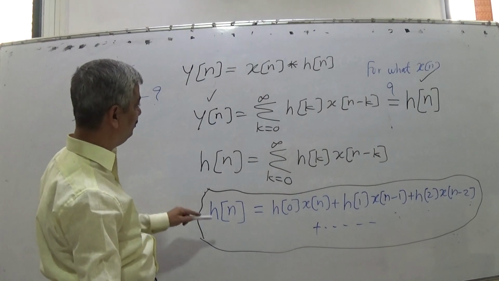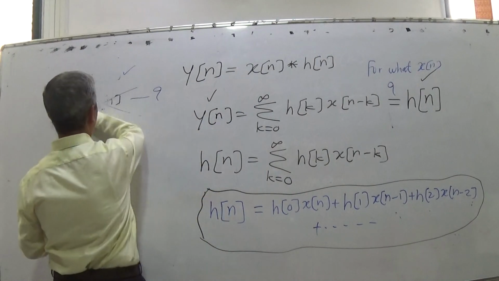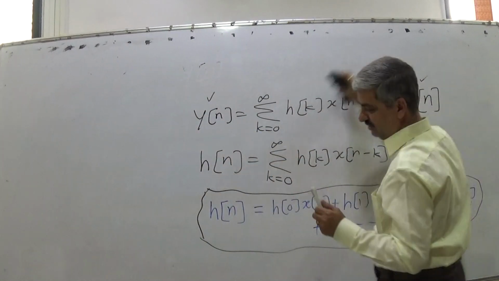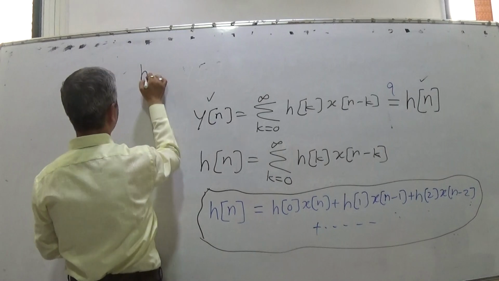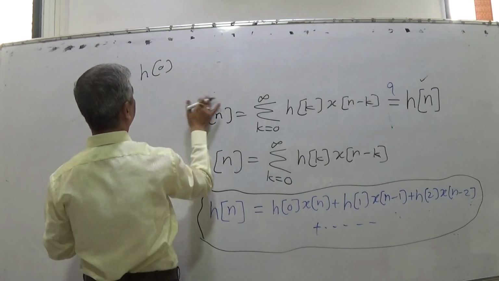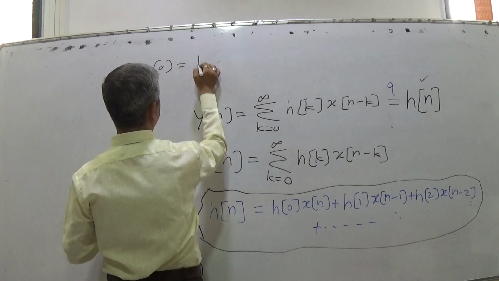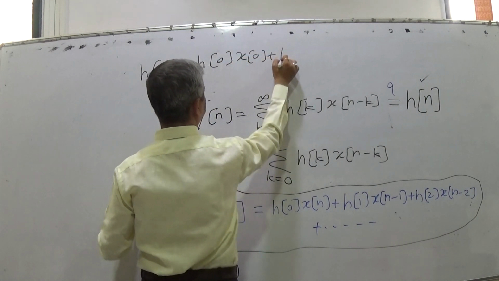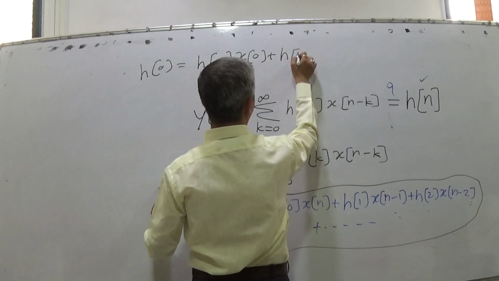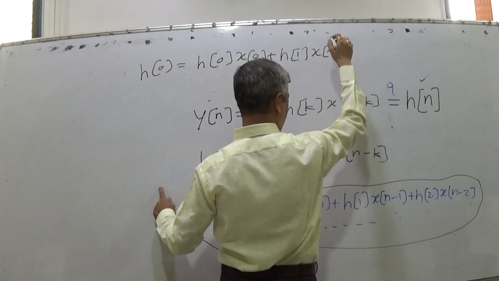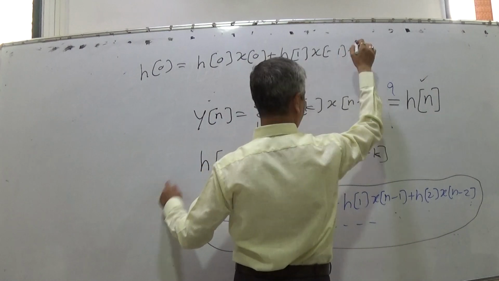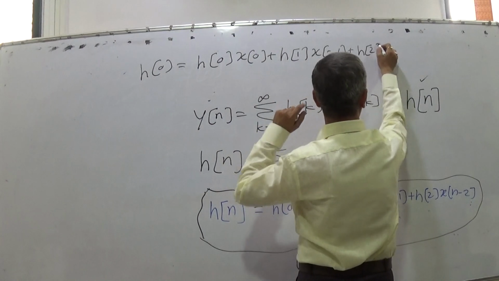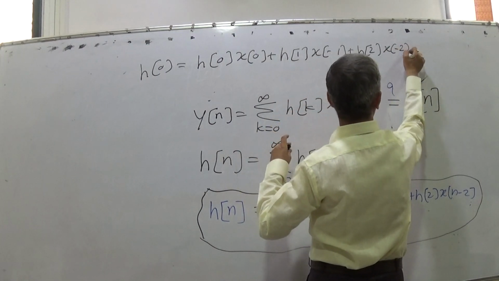If I put n as 0, then h0 must be equal to h0 x0 plus h1 x(-1) plus h2 x(-2) and so on.